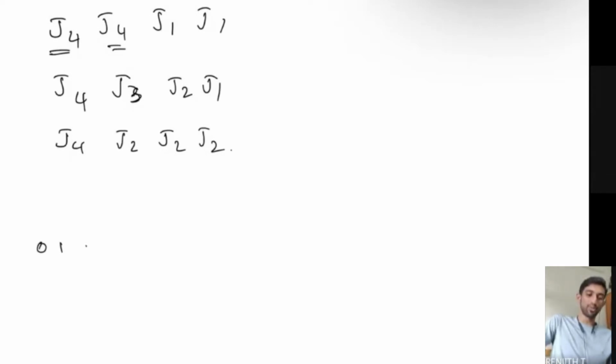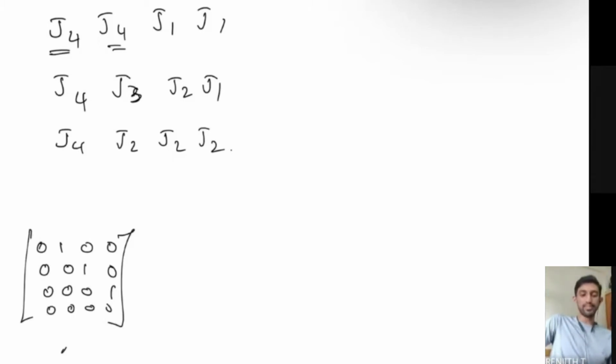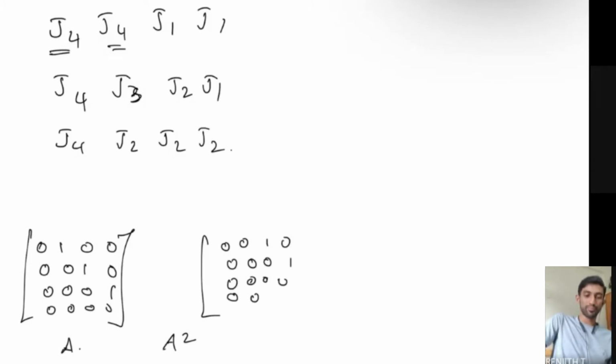What is J4? 0, 1, 0, 0; 0, 0, 1, 0; 0, 0, 0, 1; 0, 0, 0, 0. Just take this information. If this is A, then A square will be like this: 0, 0, 1, 0; 0, 0, 0, 1. Just compute this too, and its rank will be 2.